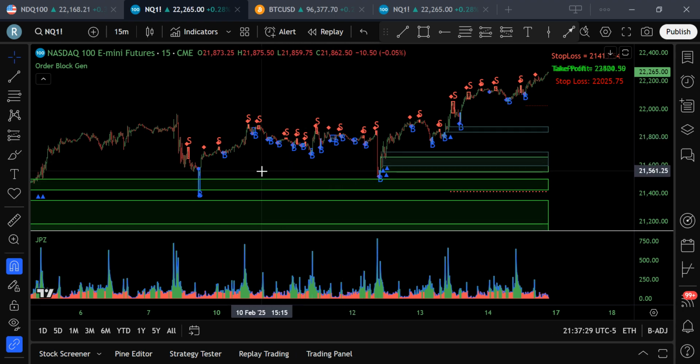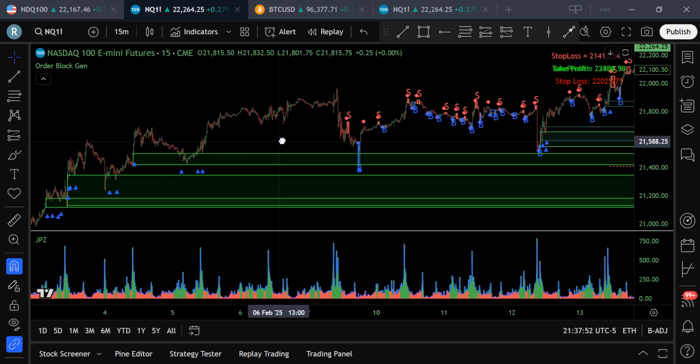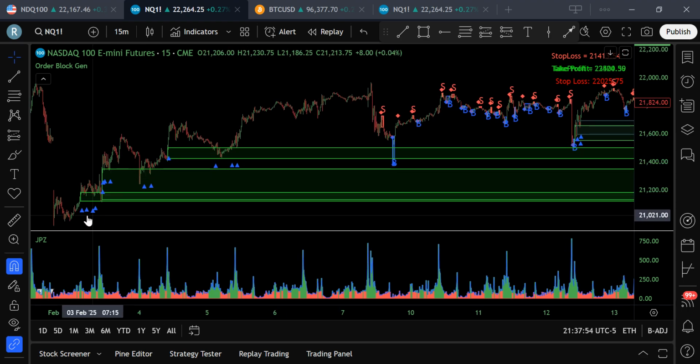But if you're into longer term plays, or at least intraday plays, where you can find the low of the day in this example and hold for the whole trading hours and sell at the top, then you really just want to be looking for the buy order blocks aligning with a support zone.